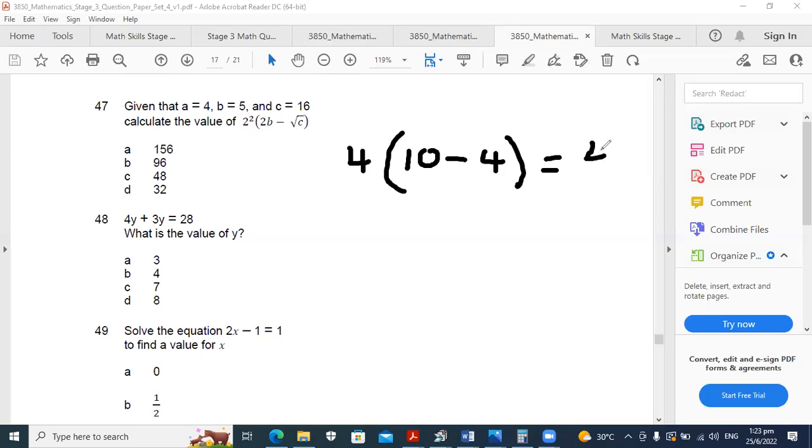That's strange. I'm saying, I don't see the answer there. 10 subtract... It's not the square root of 16. 4, 4, 4, 16.